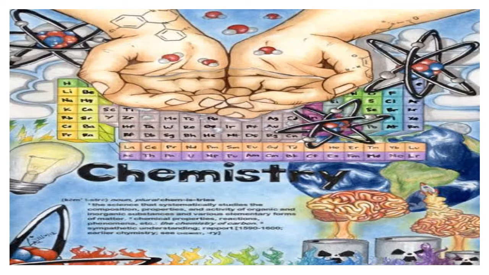Welcome to today's session on acids, bases, and salts, which form an important class of compounds in chemistry. These three kinds of compounds are very important in our day-to-day life. That's why we have to learn acids, bases, and salts.